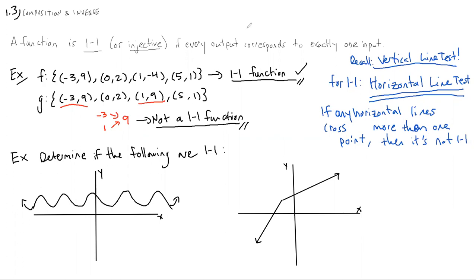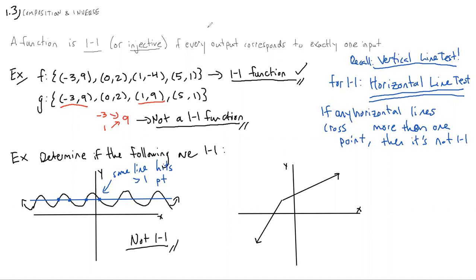So same test, what we're going to do is just draw a horizontal line. You can see I can obviously draw this horizontal line on the first one that's going to hit a whole bunch of points, certainly more than one. So some line hits more than 1 point, and so our conclusion is that it's not 1-to-1.